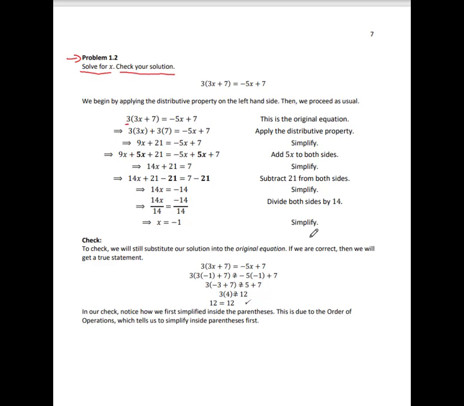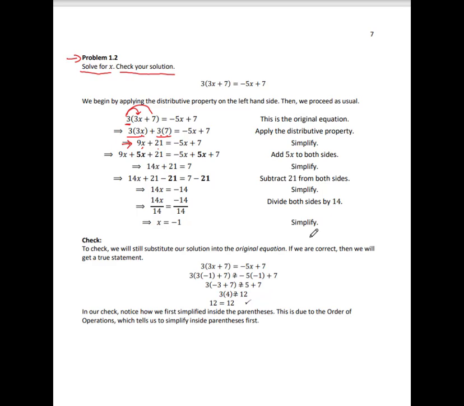Applying distributive property, we get 3 multiplied by 3x, and then 3 multiplied by 7. 3 times 3x is 9x, and 3 times 7 is 21.